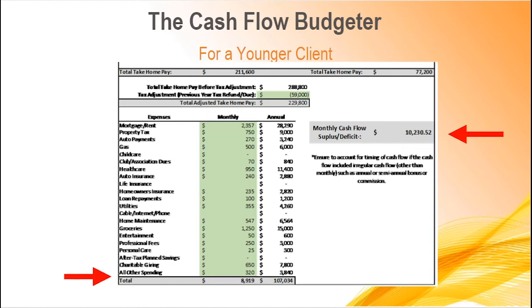And what that tells me is I have $10,230 to allocate to the most appropriate savings strategy to help them reach their goal. This is a younger client. So I'm going to use the tax efficient funnels that we do of pre-tax, post-tax, and tax advantaged to allocate that $10,230 between a savings plan within those buckets. It's a quick, easy way to get to that number.